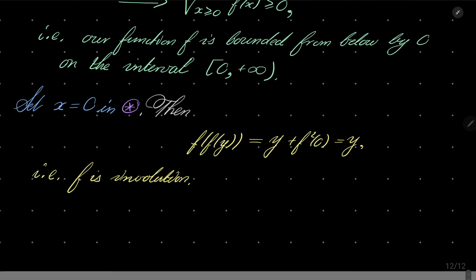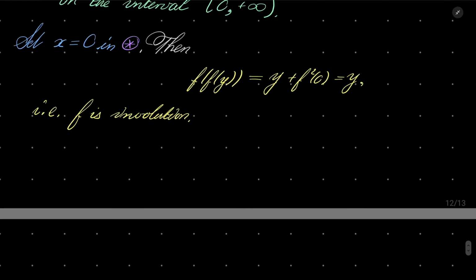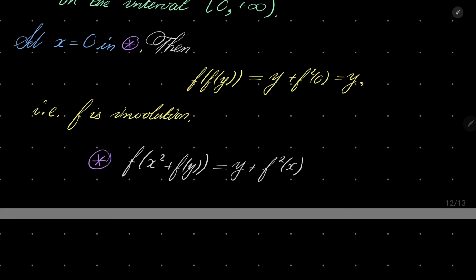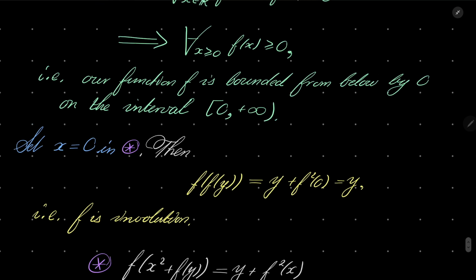Very well. And now, maybe let's write our very first functional equation, because we will work with it for now. It was exactly that. And maybe, you know what, I will mark these conditions.